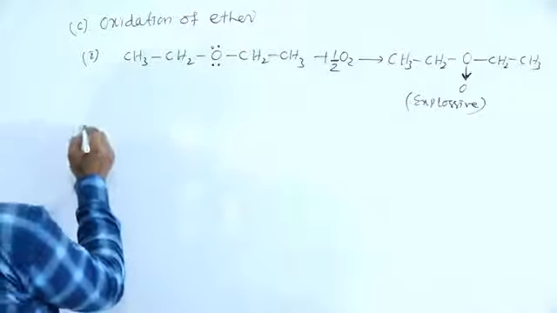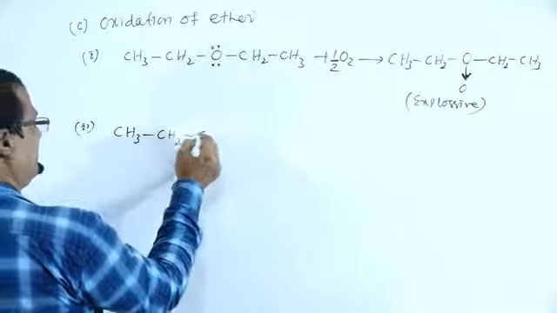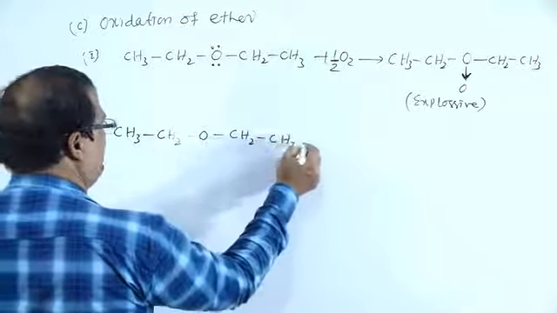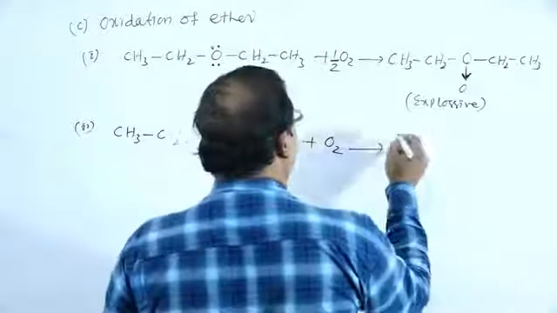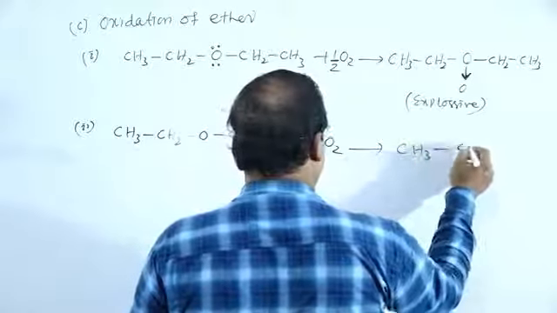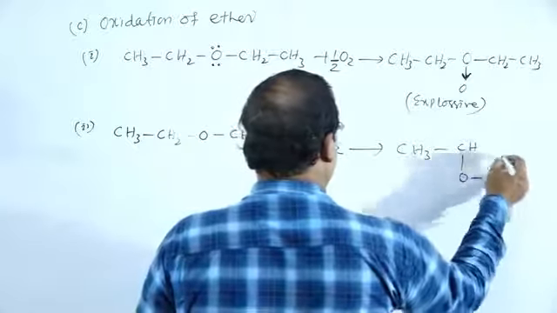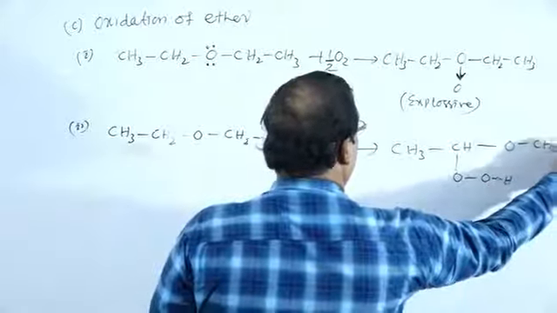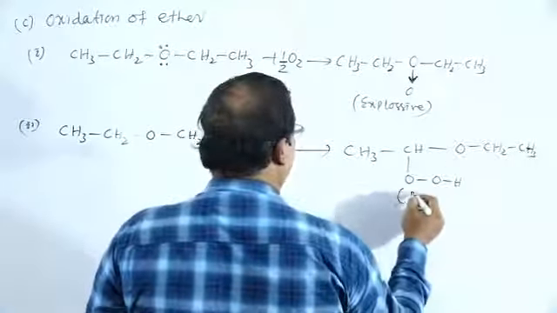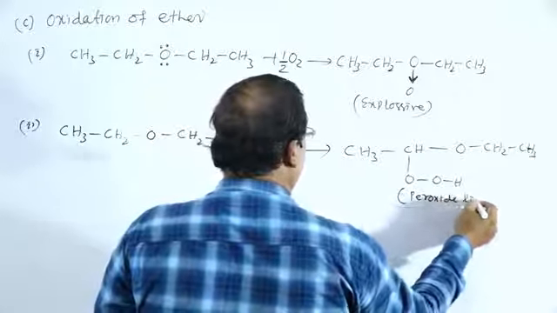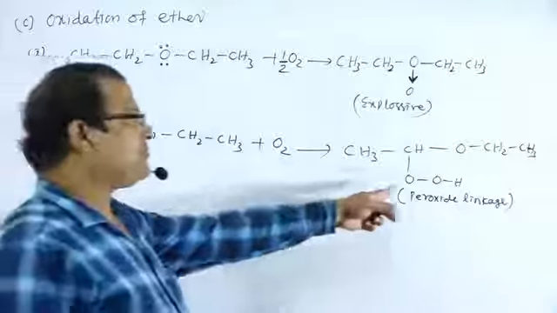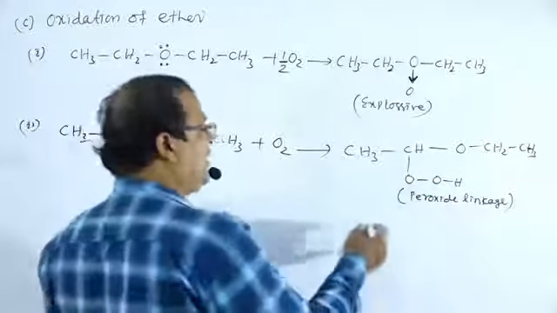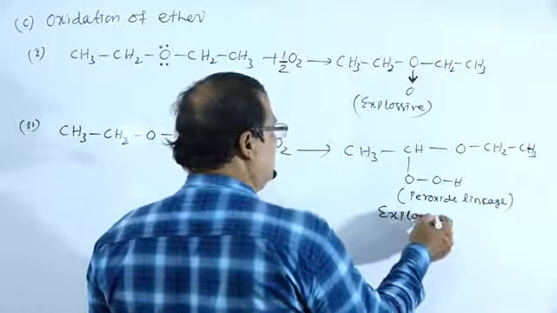Similarly, whenever an ether is treated with excess oxygen, there is the formation of another explosive material, CH3CH(OH)OCH2CH3. That has a peroxide linkage, oxygen to oxygen bond, and that is also an explosive material.